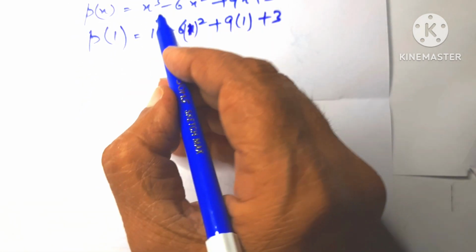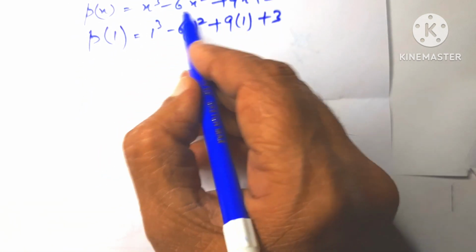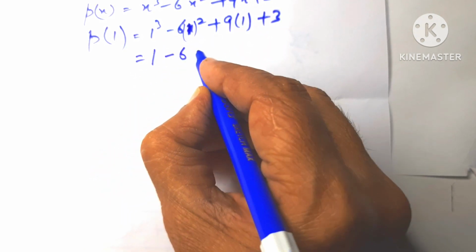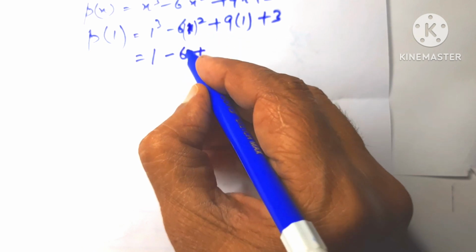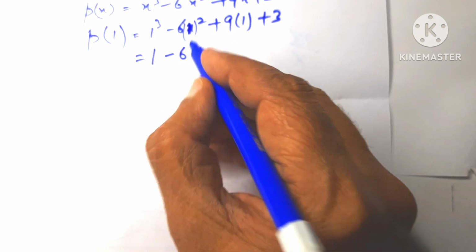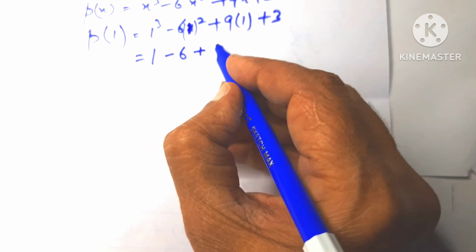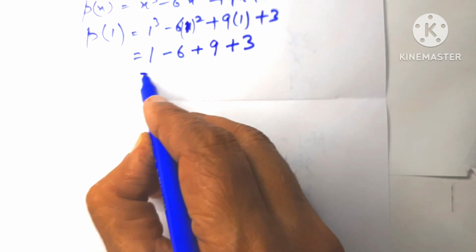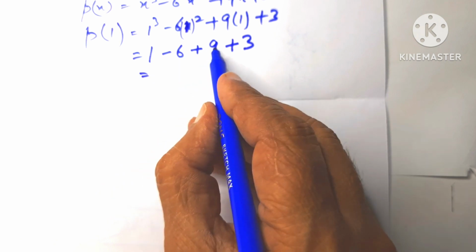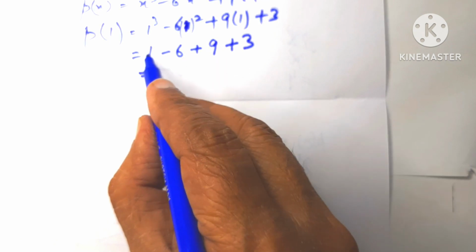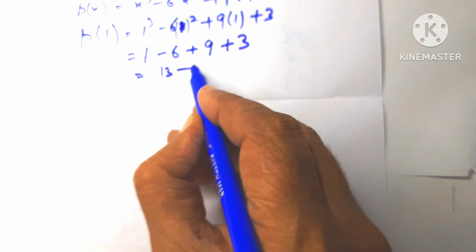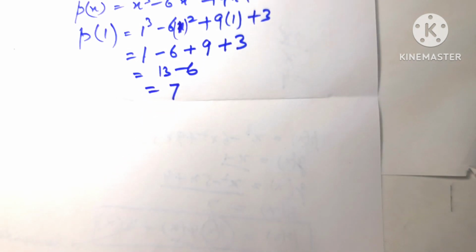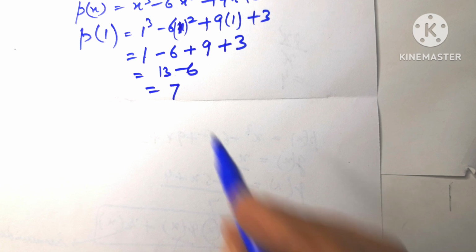So I put the value of x as 1 everywhere. x cube means 1, minus 6 times 1 square, which is 1, so minus 6, plus 9 plus 3. Now 1 plus 9 plus 3 is 13. 13 minus 6 is equal to 7. So we have found the remainder 7.